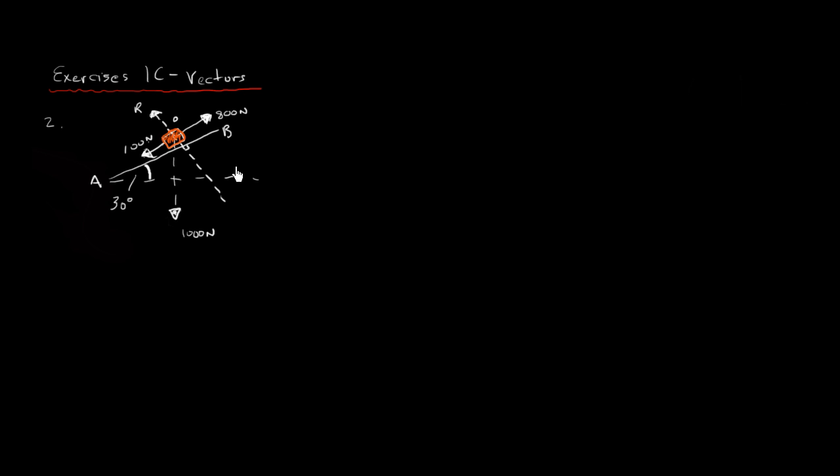There's several parts to the question. The first one, part A, asks you to calculate the component of the weight down the plane. So the way we do that with these questions is we want to know how much of this force here, which is the 1000 newtons, how much of that is along down the plane, so in this direction.